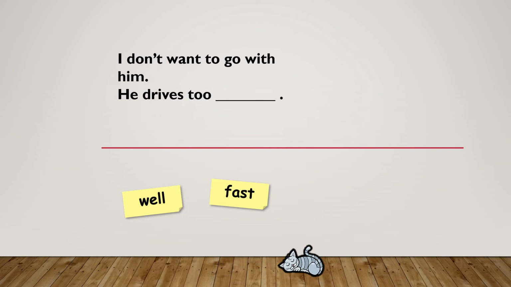He drives too... So think, if you don't want to go with someone, it's because you are afraid. Could you be afraid of going with somebody who drives well? Of course not. He drives too fast. He can crash.